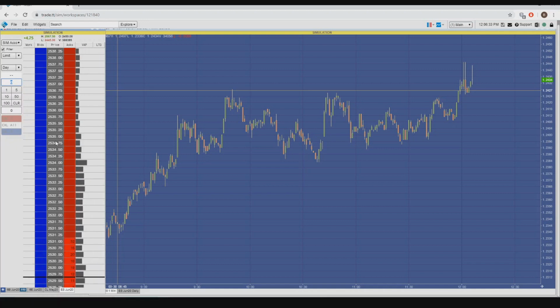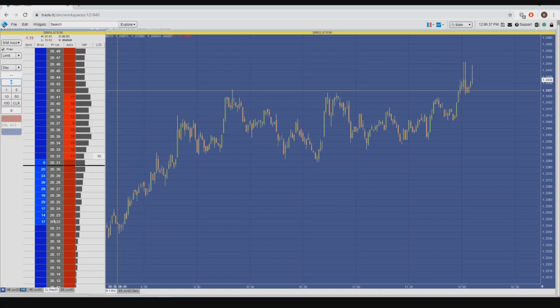Might just be worth looking at the S&P, maybe not, or maybe WTI. No, see at the moment they're all fairly consistent. We've got quite a nice arch, if you like, throughout each price.